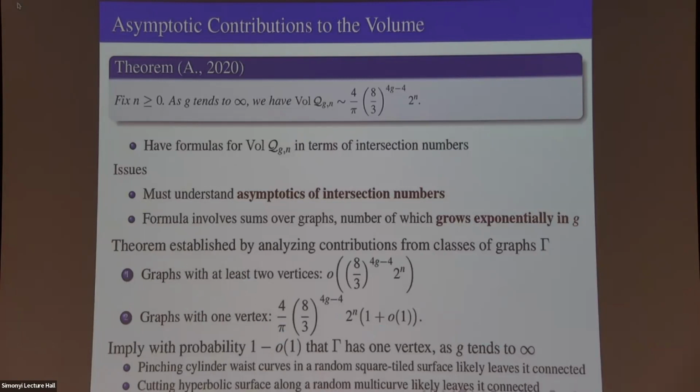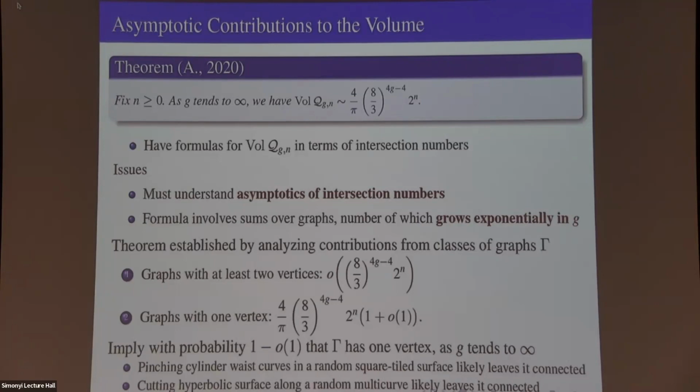Okay, so if you read this for a moment, what you'll immediately realize is that with probability basically 1 minus little o of 1, this graph gamma that I had before has just 1 vertex. In terms of the geometry of a surface, if I look at the horizontal foliation and I pinch along all these waist curves, I get something connected.